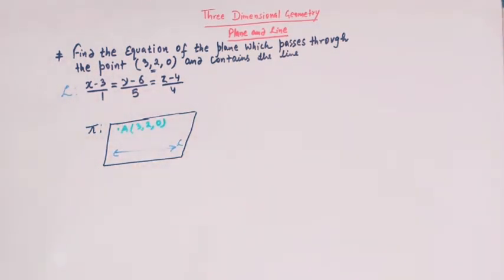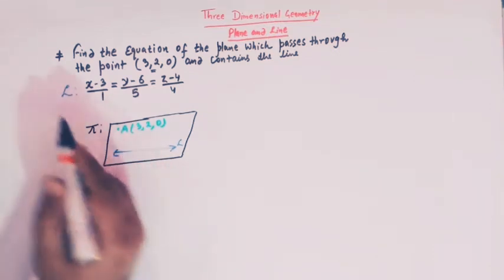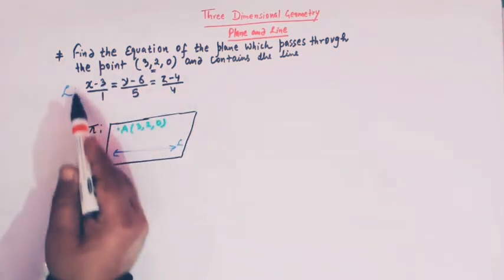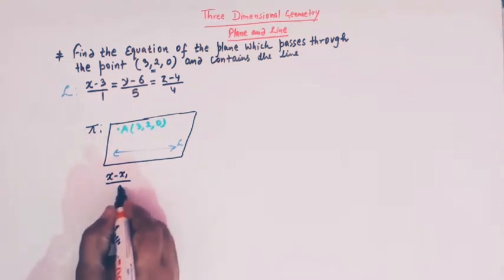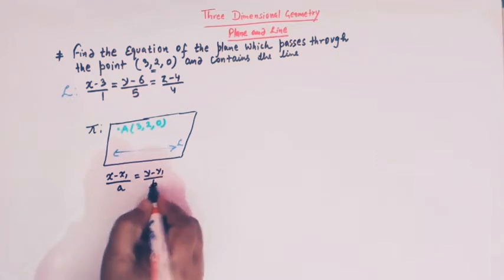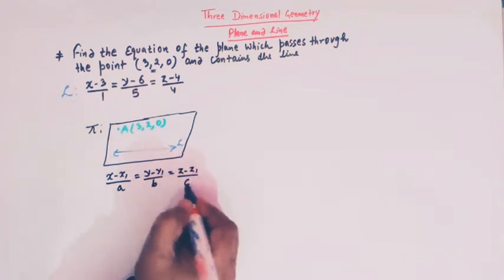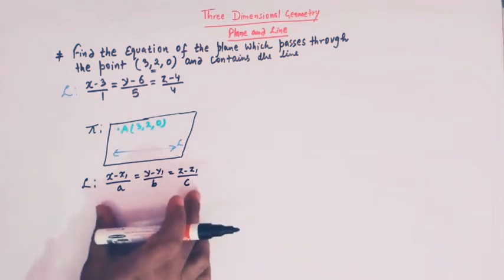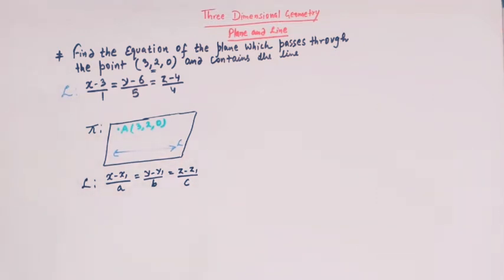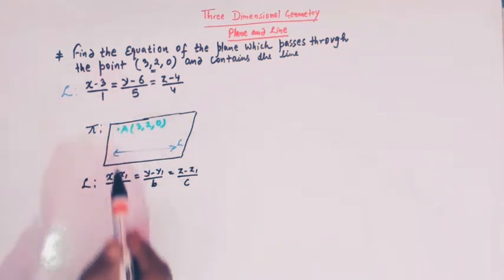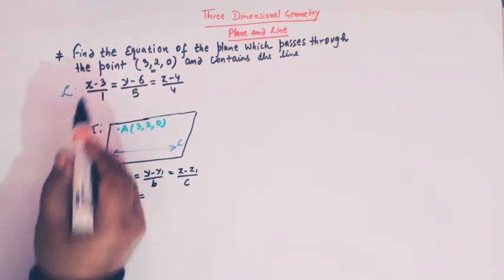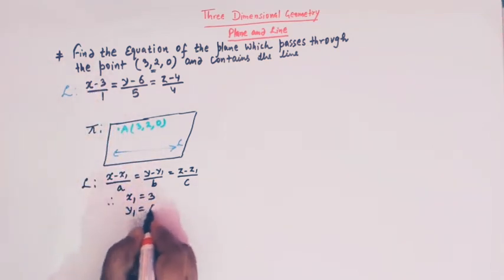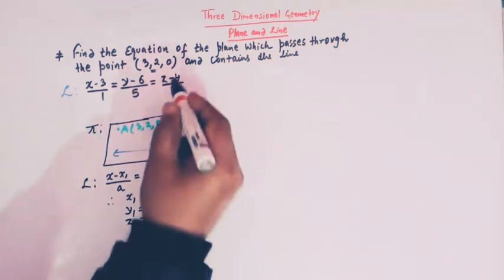Now we have to find the equation of this plane, and we know that the standard form of the equation of a line is (x − x1)/a = (y − y1)/b = (z − z1)/c. Now if we compare these two equations, we see that x1 is 3, y1 is 6, and z1 is 4.